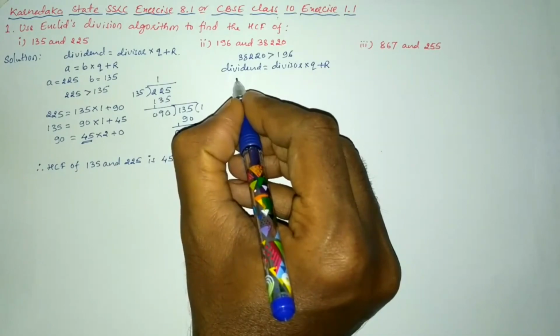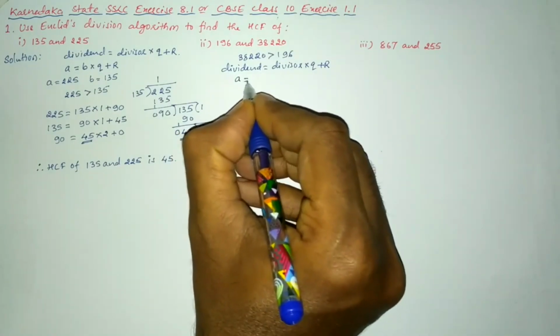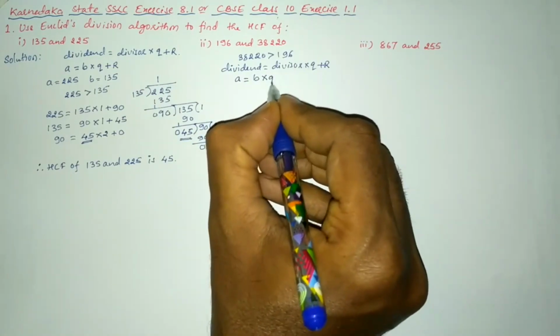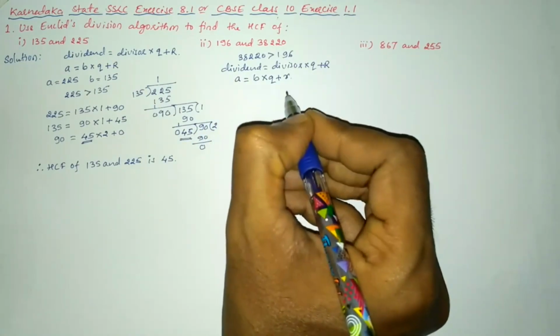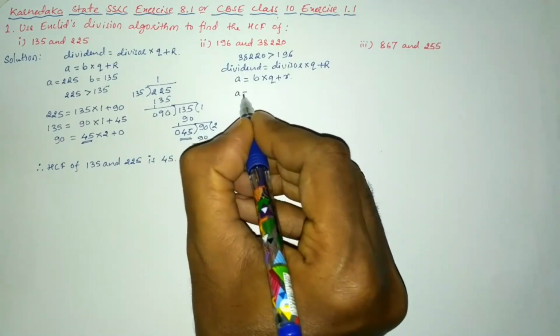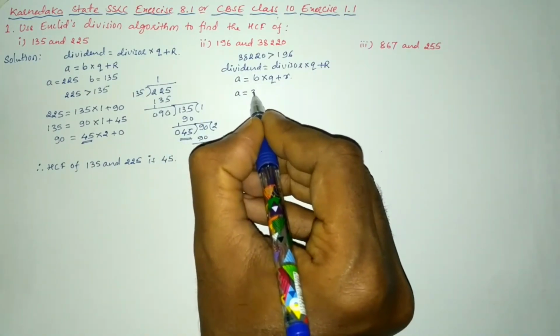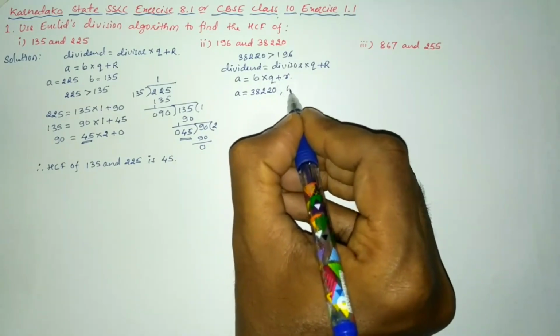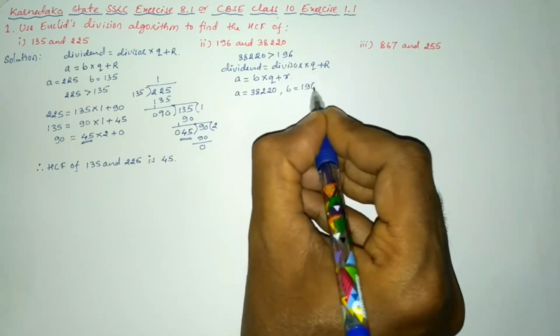So here let us take dividend as A is equal to divisor B into Q is quotient plus R is the remainder. Now here we will take A is equal to 38,220 and B is equal to 196.